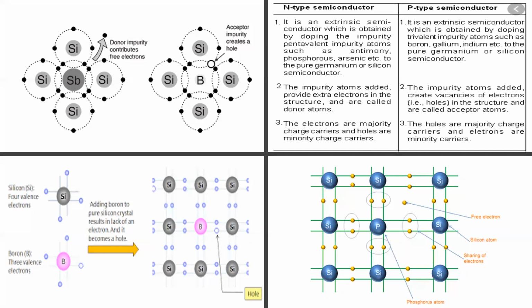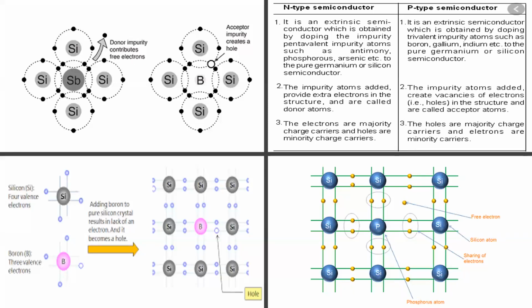Therefore, electrons are called majority charge carriers, and we call that kind of semiconductor N-type semiconductor. So when we add a pentavalent impurity to a semiconductor, we get N-type semiconductor with a large number of free electrons, much greater than the holes.